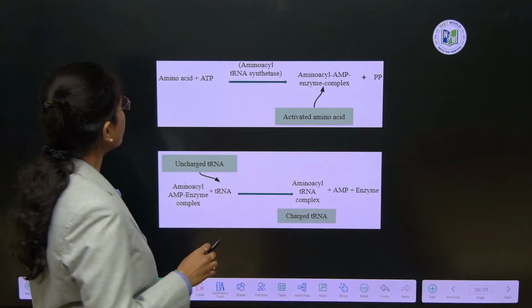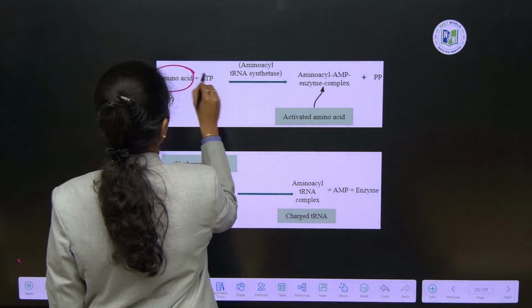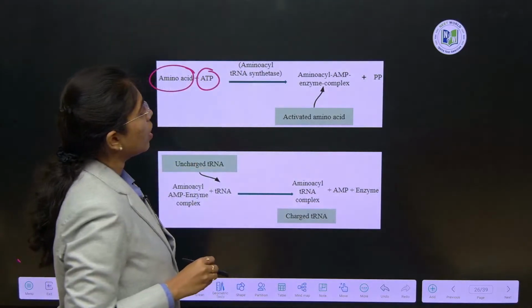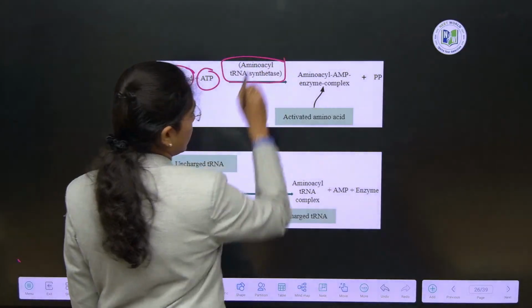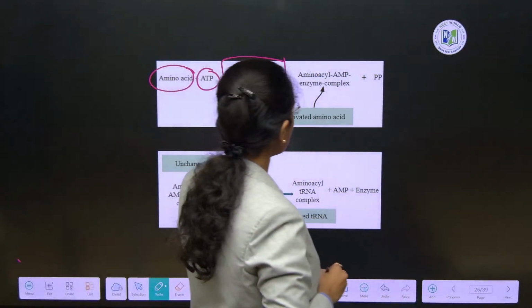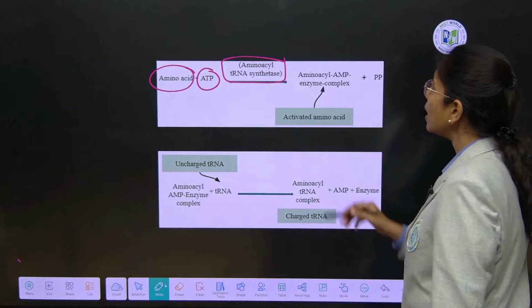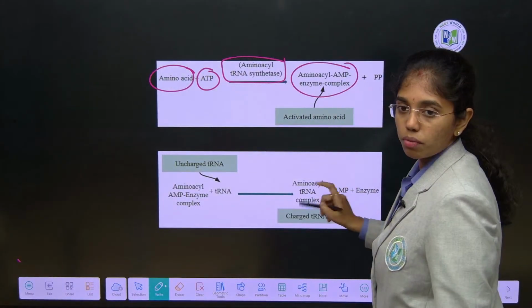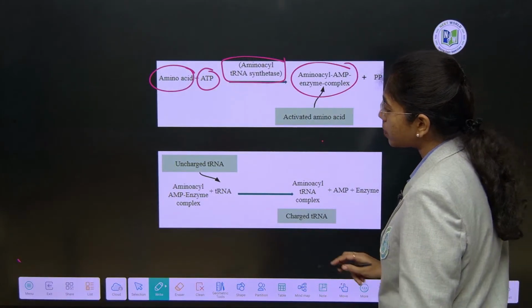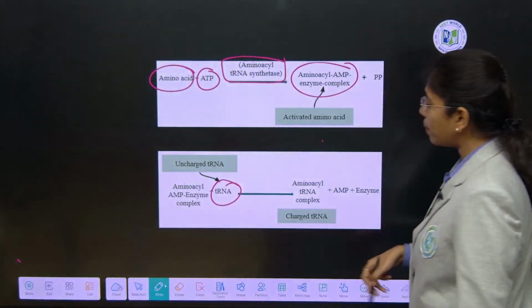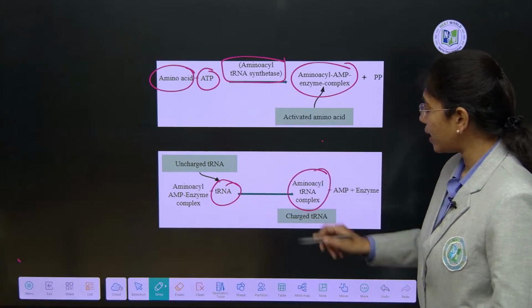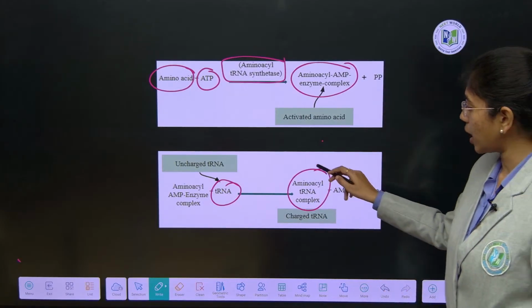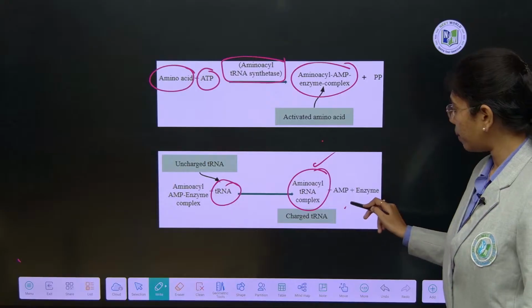Here you see the amino acid along with ATP in the presence of the enzyme amino acyl tRNA synthetase. This forms a complex called the amino acyl AMP enzyme complex, which is the activated amino acid. This binds to the tRNA and makes it a charged tRNA. The amino acyl tRNA complex is formed, along with AMP and the enzyme.